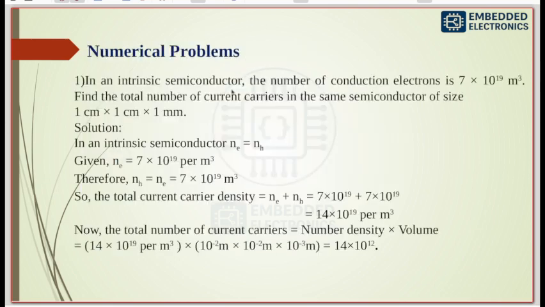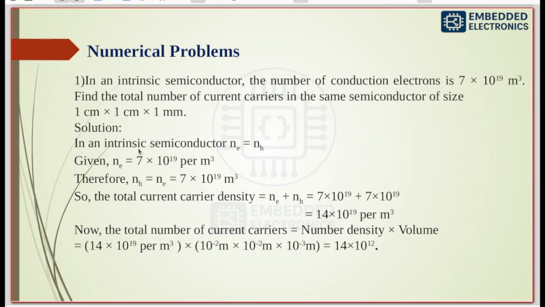And these are the numerical problems which are most frequently asked in interviews. In an intrinsic semiconductor, the number of conduction electrons is 7 into 10 to the power 19 per meter cube. Find the total number of current carriers in the same semiconductor of size 1 centimeter into 1 centimeter into 1 centimeter.